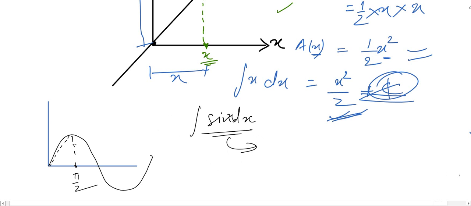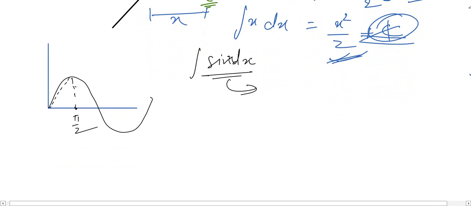Okay, now when you study this definite integral deeply, then you are able to find the area between two intervals. Like it would give you this figure, and the concept of area function will give you the value from 0 to pi by 2. But if you study definite integral, they would give you from minus pi by 2 to pi by 2, right?